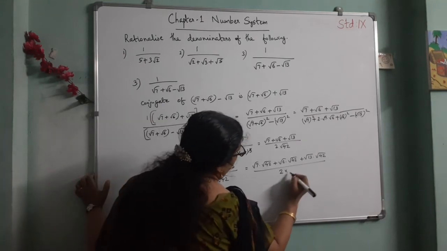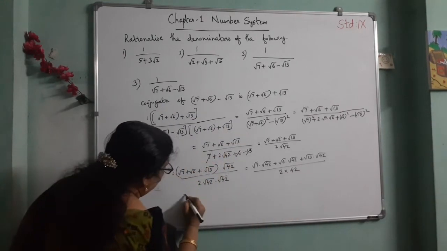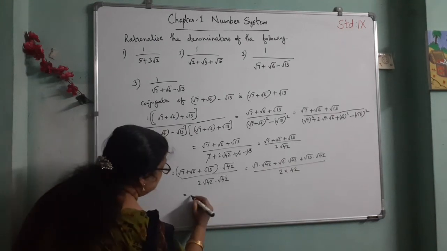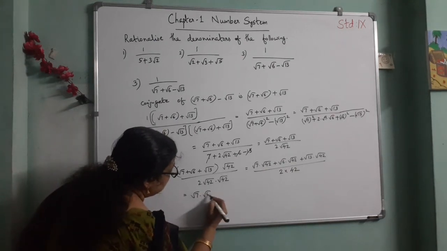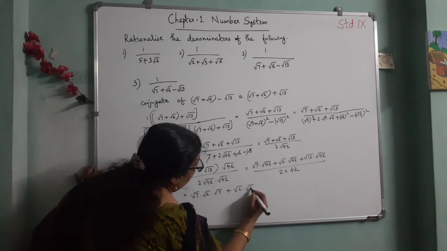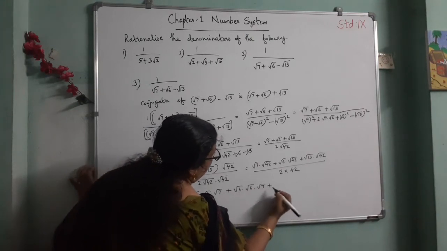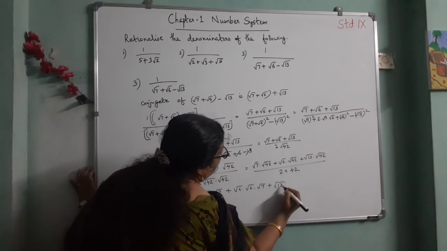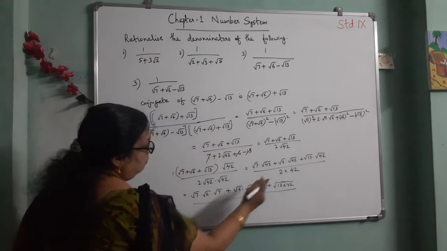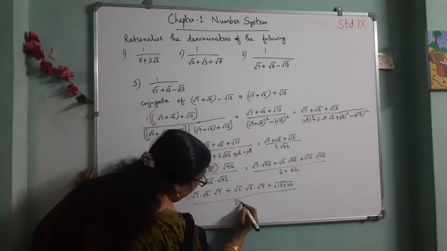So 2 into 42. Then this root 42 we can write as root 6 into root 7. So root 7 into root 6 into root 7 plus root 6 into root 6 into root 7 plus root 13 into 42, the whole divided by 2 into 42, 84.